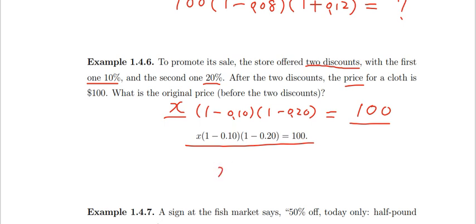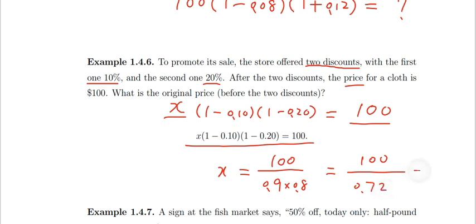So what is x? x equals 100 divided by, 1 minus 10% is 0.9, 1 minus 20% is 0.8, right? So we just need a little bit of calculation.